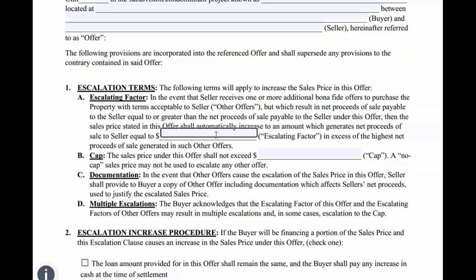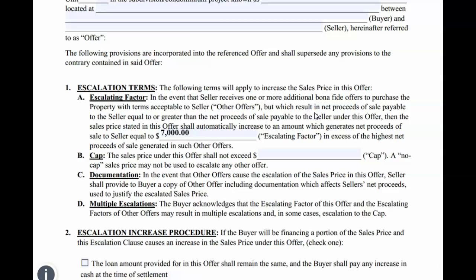We don't know all the circumstances, or yours is the cash and the other is financed. But in many cases, you want to consider that there might be some other factor that makes the other offer better than yours. So what would be an enticing escalation number? In the case of a $500,000 offer, I would say something like $7,000 might be something attractive, or higher, right?